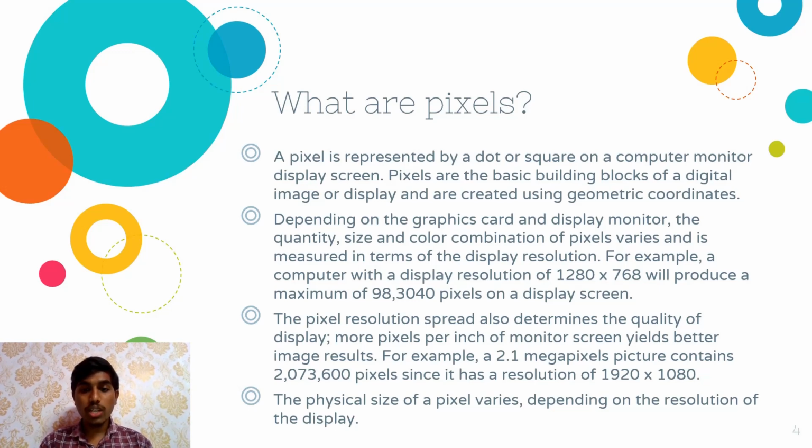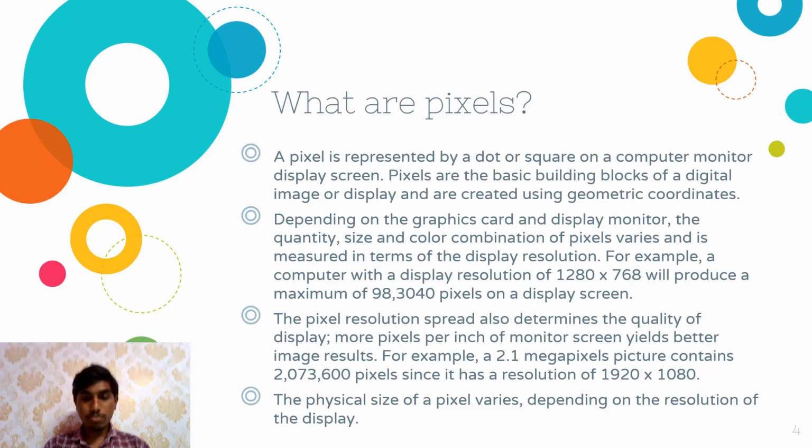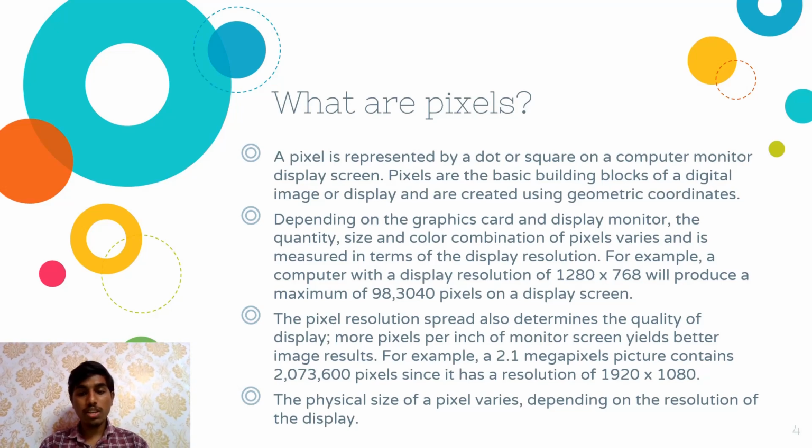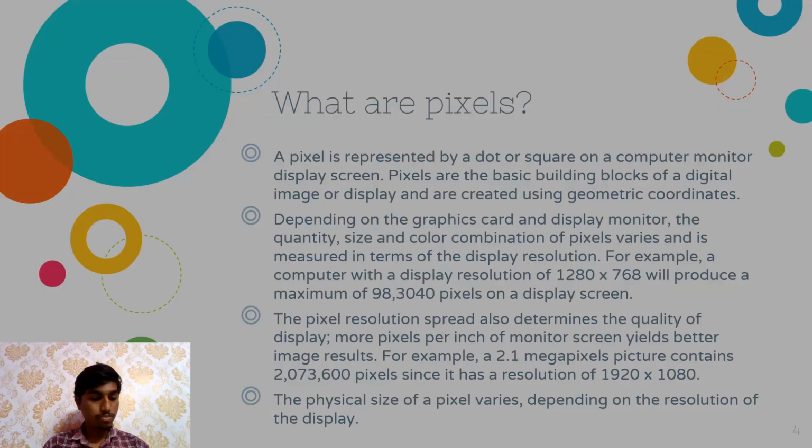For example, a 2.1 megapixel picture contains 2,073,600 pixels since it has a resolution of 1920 by 1080. The physical size of a pixel varies depending on the resolution of the display.